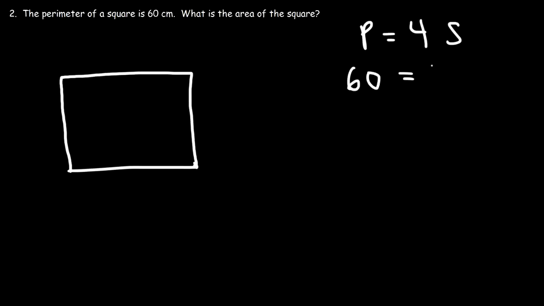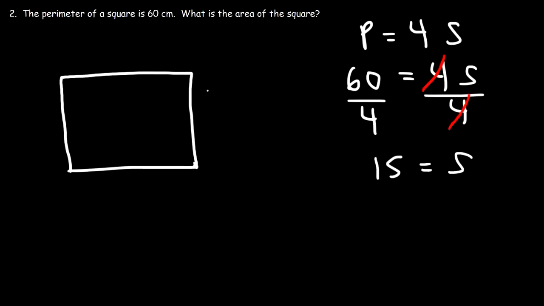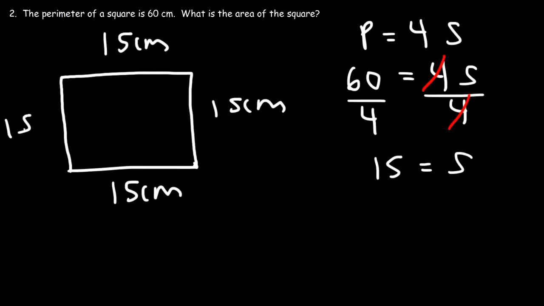So if the perimeter is 60, we could easily solve for the side length. We just got to divide both sides by 4. And so 60 divided by 4 is 15. So therefore, the side length of the square is 15 centimeters all around. So now that we have the side length, we can calculate the area.